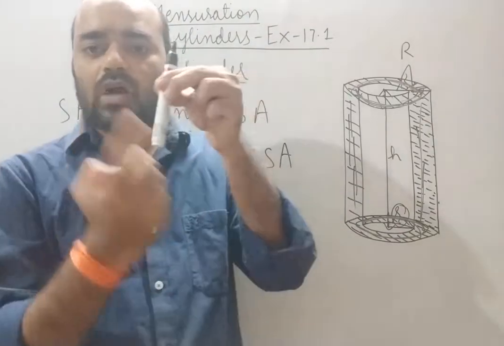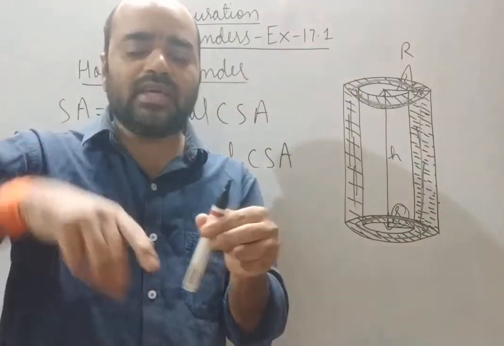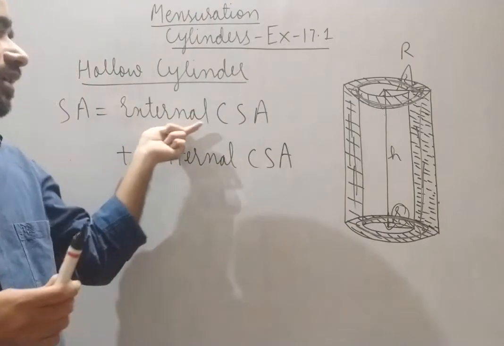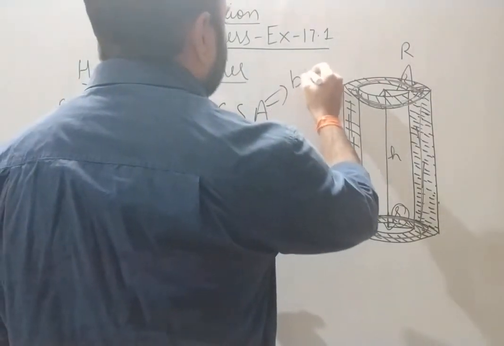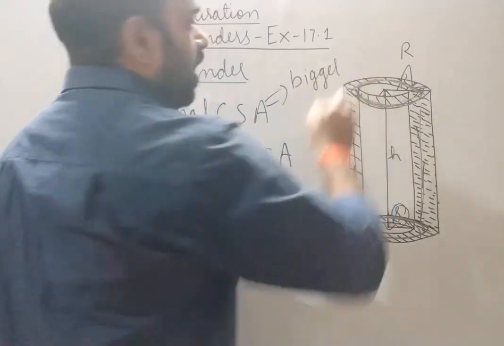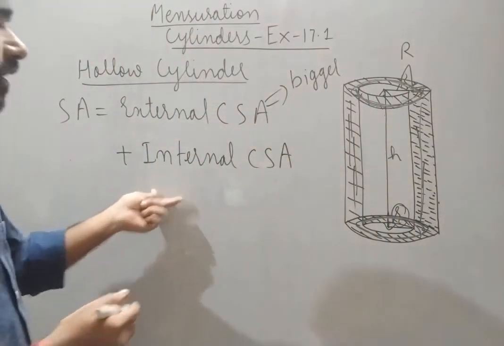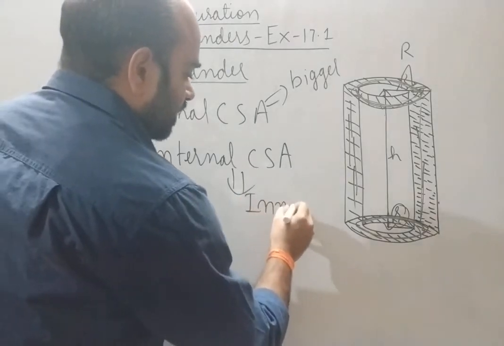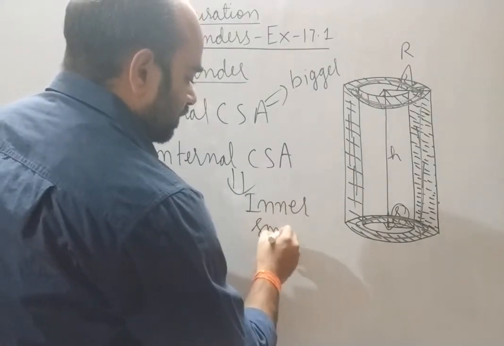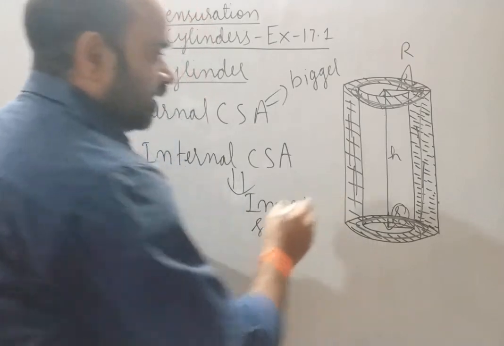External from outside, internal from inside. When you take the external curved surface area, it means we take it from the bigger cylinder, that is the outer cylinder. The internal curved surface area means we take it from the inner cylinder, that is the smaller one, correct?